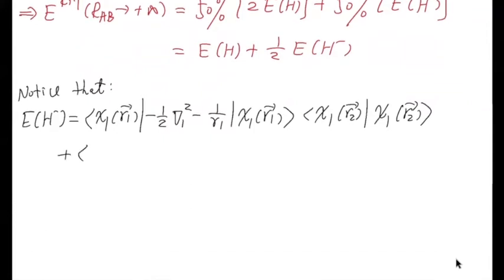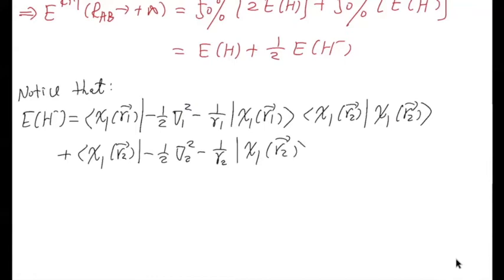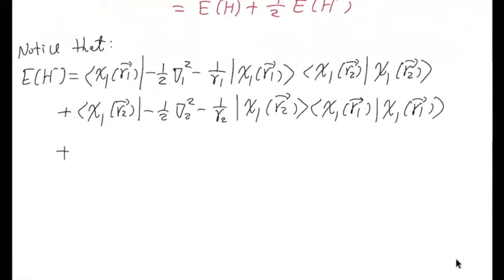Plus, similarly, for the second electron, the kinetic energy of this second electron minus the attractive potential. And for the first electron, you have normalization, right? And don't forget, you have this product R1, R2, right? Here you only have 1 hydrogen, right?